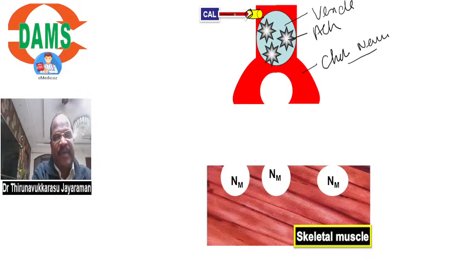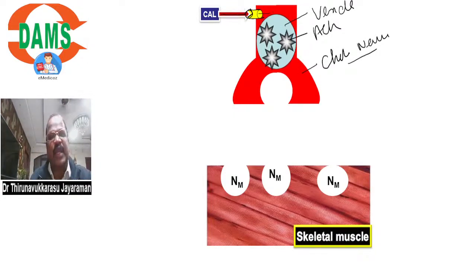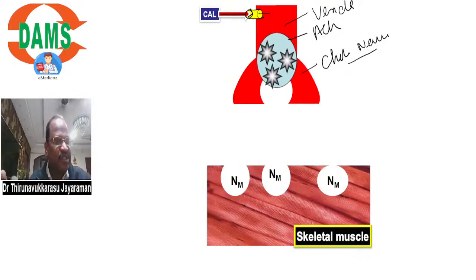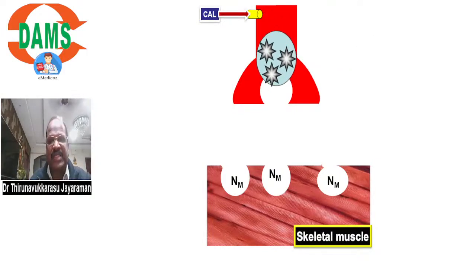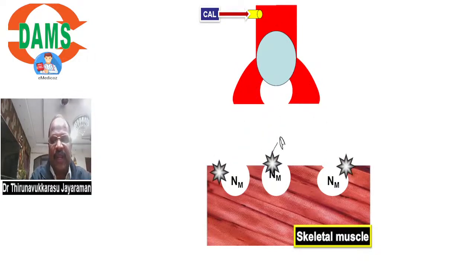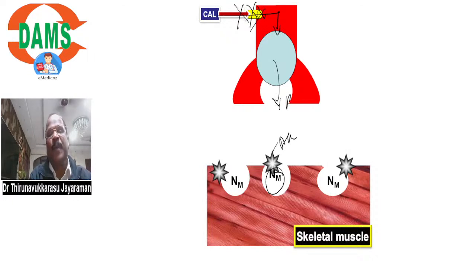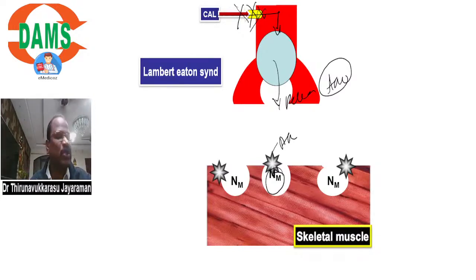When the calcium enters through the channel, it pushes the vesicle down, causing vesicle rupture. Thereby, acetylcholine gets released and acts on nicotinic receptors on the muscle. It's normal physiology. If there is a defect in the calcium channel, calcium will not enter properly, thereby no proper release of ACh and no proper muscle contraction. That's called Lambert-Eaton syndrome.